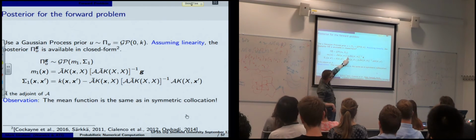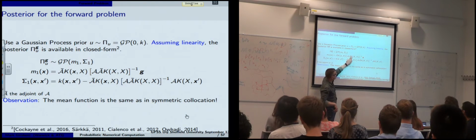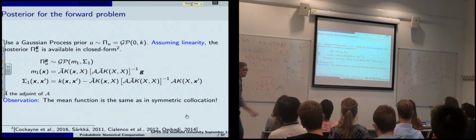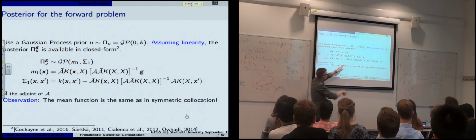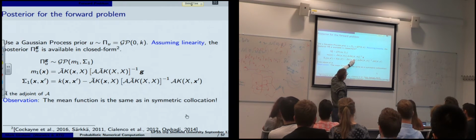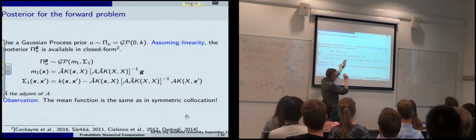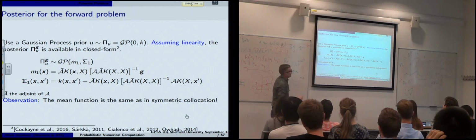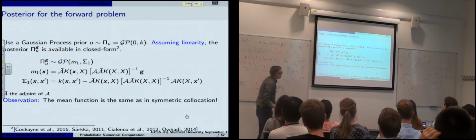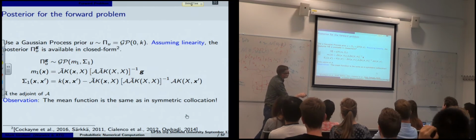And it turns out that the mean will look something like this. So A is our elliptic operator, and A bar is going to be the adjoint of the operator. K, you've guessed it, is going to be the covariance function computed at all of the points in the domain where we obtain the value of the forcing function G. And this all looks familiar to you.